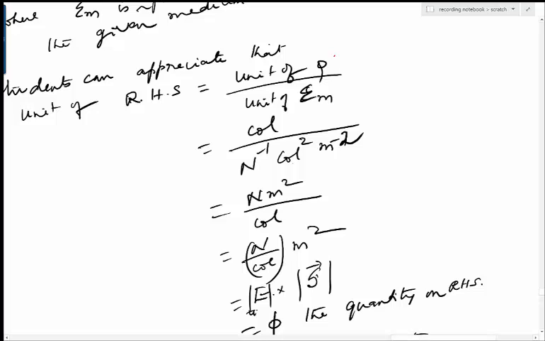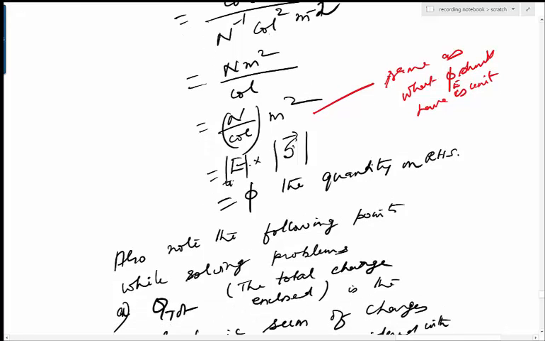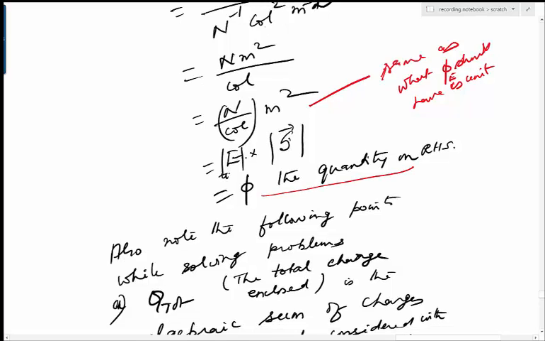So it will be Newton per Coulomb into meter square, Newton meter square per Coulomb, which was discussed earlier, and is the same as what phi electric should have as unit. So E into S, which is the electric field into S, is the same as the quantity on the right hand side.